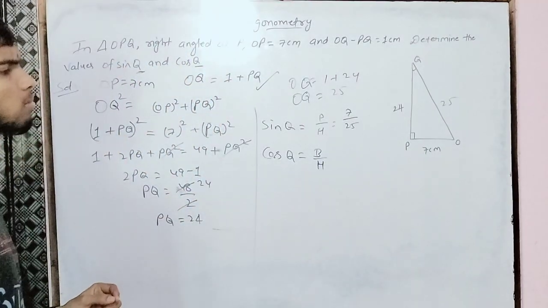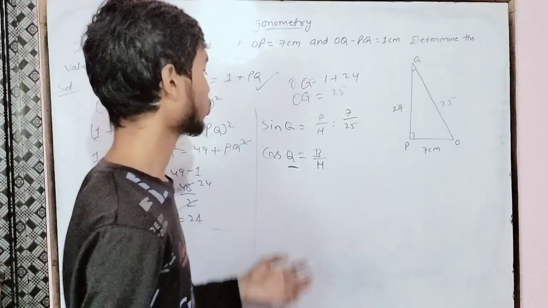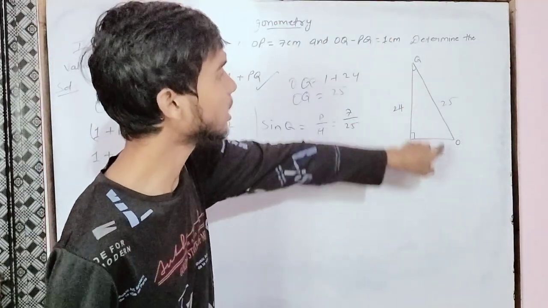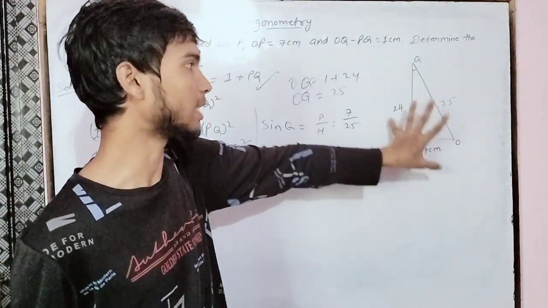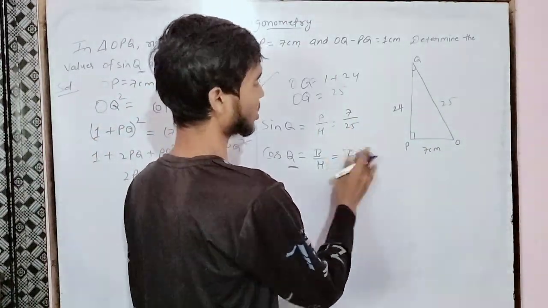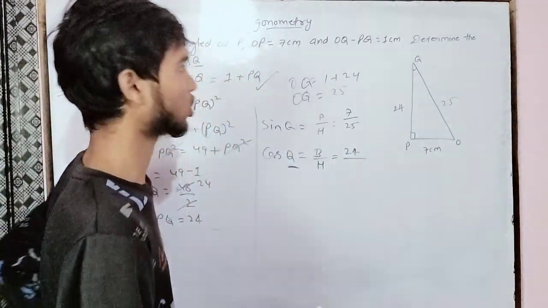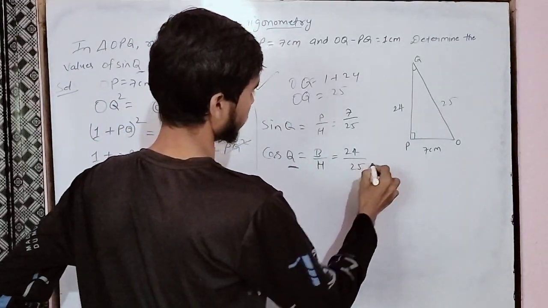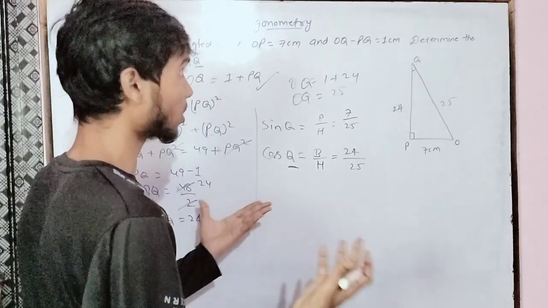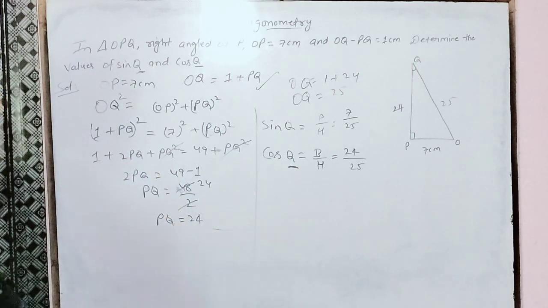Now here, according to theta, the perpendicular is this and the base is this. So the base is 24 and H is 25. Clear? So that's all. Whatever the question was asking to find, we have found.